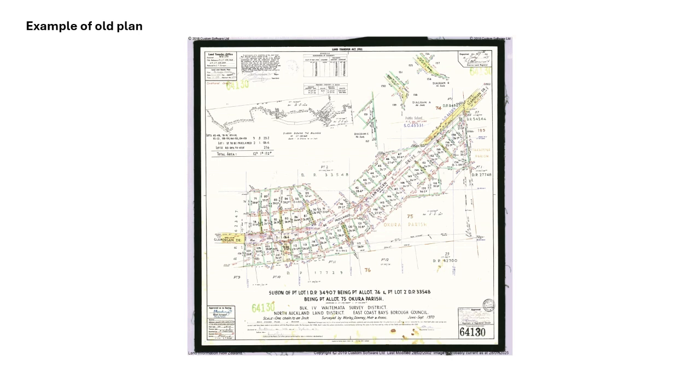And one of the first things that you may notice, if you are a bit familiar with seeing more recent survey plans, is that they are in black and white, whereas this one is colored. Again, any plan that came before 1973 was drawn by hand and colored in manually.